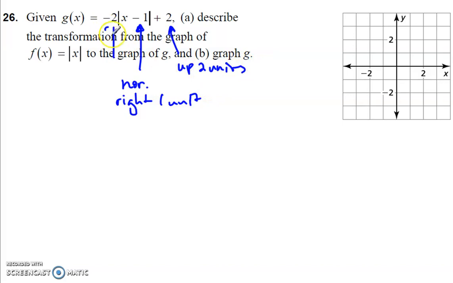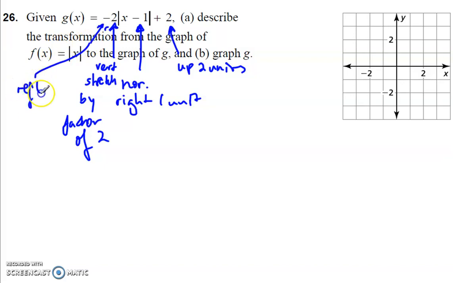Here we're multiplying, it's outside, so it's a vertical stretch because it's multiplying by more than 1, by a factor of 2. And then this right here is a reflection across, now remember, that's a vertical because it's outside.